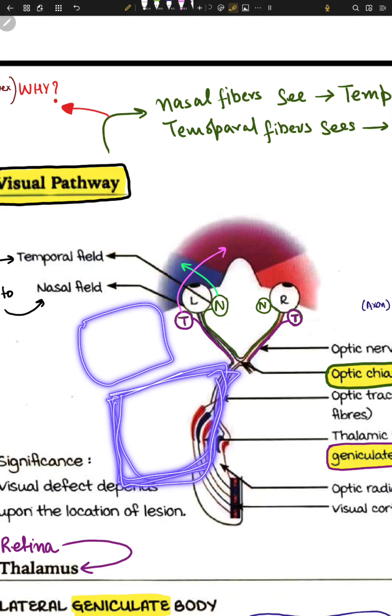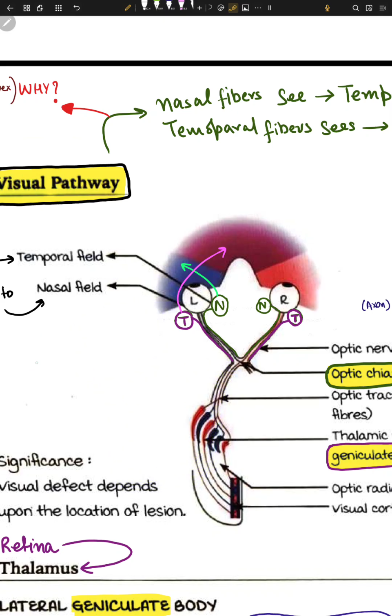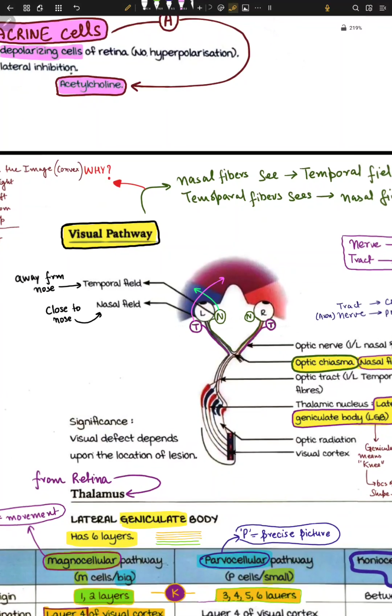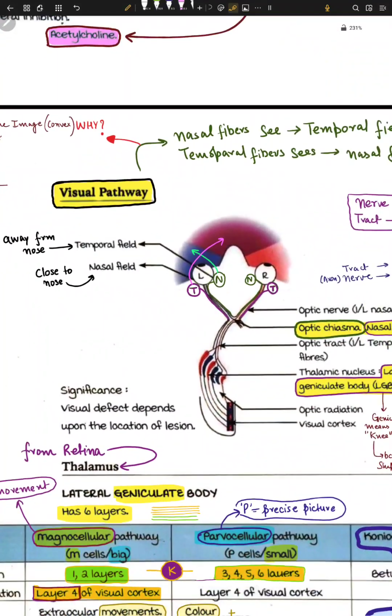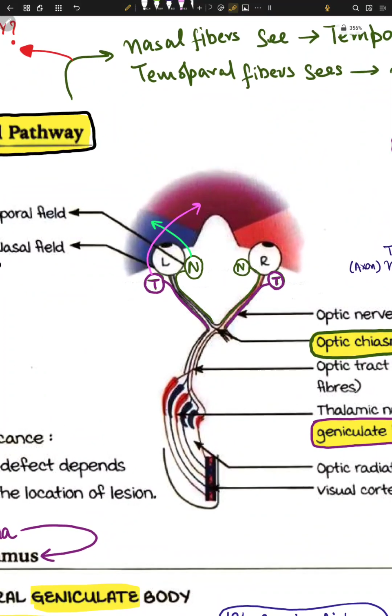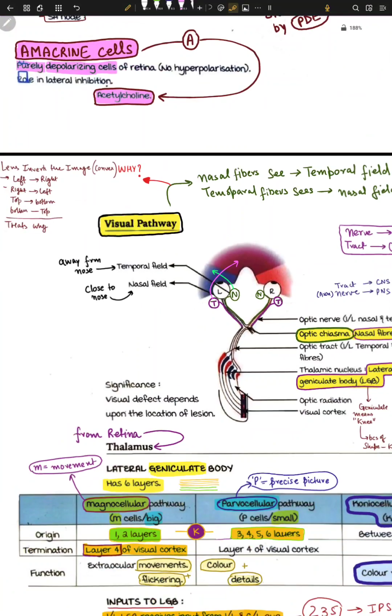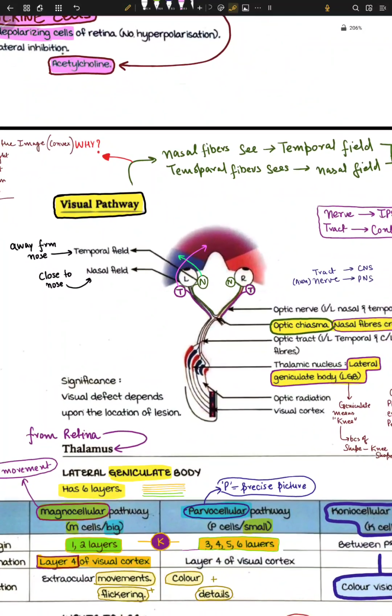You don't want a right sign to be understood as a left sign, and a left sign as right. You want the correct thing, right? You want a good alignment. So this is why your nasal fibers look for the temporal field and temporal fibers look for the nasal field. Okay, so we know this.